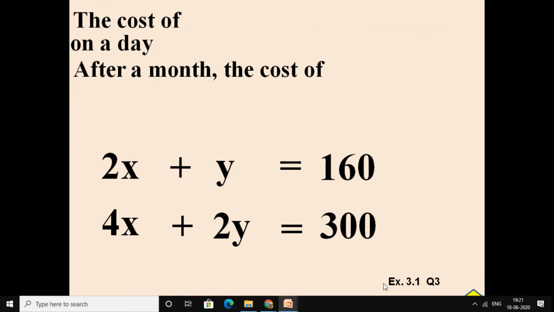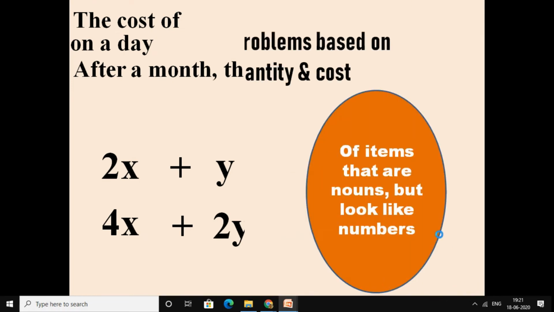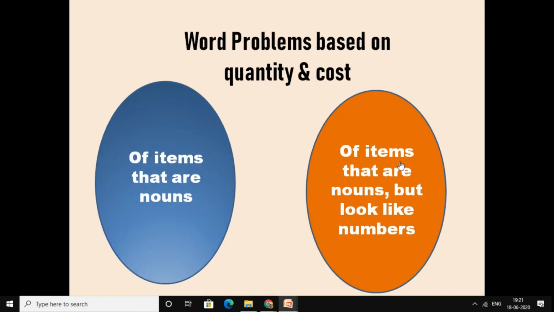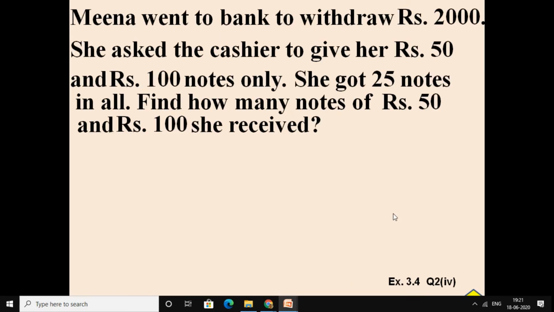Now we are looking at a few more questions where word problems are based on quantity and cost, but the items they confuse with the numbers.